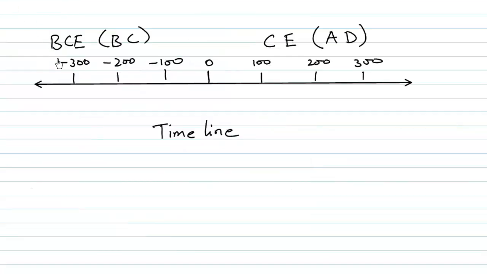Then in a timeline, 100 AD or 200 AD or 300 AD are all considered to be positive numbers. Today we are living in 2017 AD, so this is considered to be plus 2017. But anything before Christ is considered to be negative.